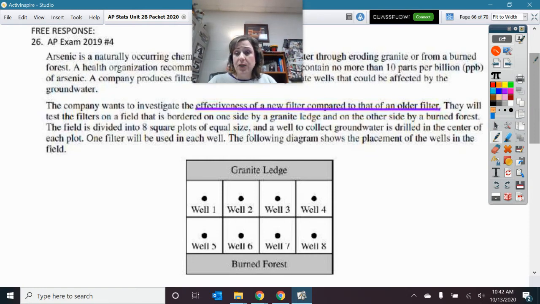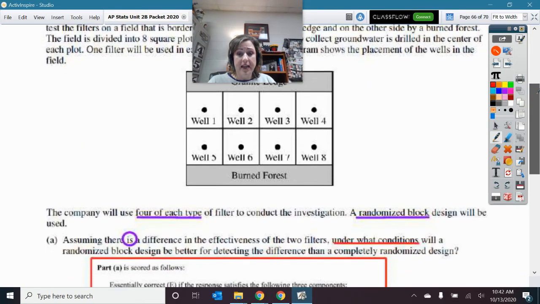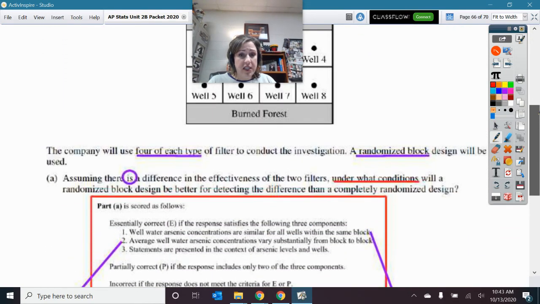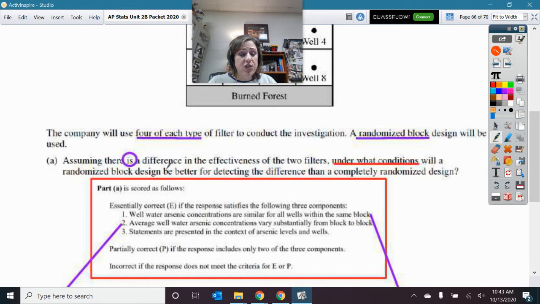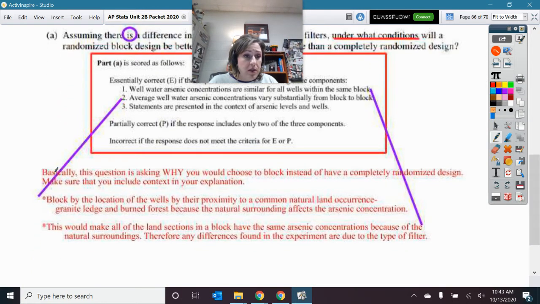So we wanted to control that trait because of that. So the question is, under what conditions will you decide to block? Basically this question is asking why you would choose to block. I wrote this: block by location of the wells, like by the granite ledge or by the burned forest, okay?